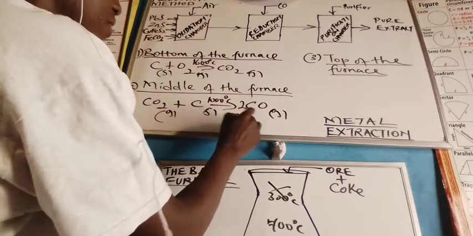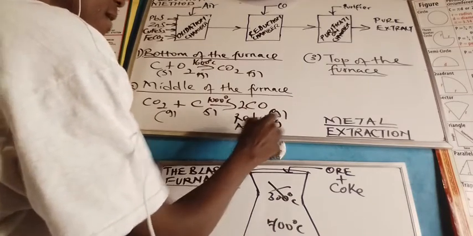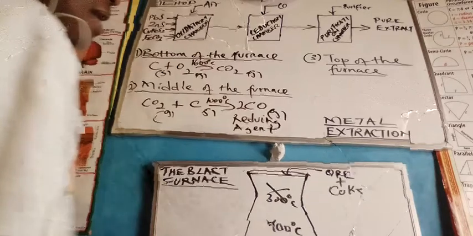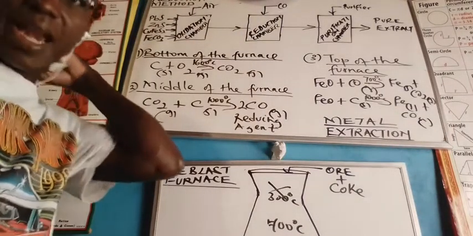So once the reducing agent has been formed, inertia, and that shows that the high temperatures are above the melting point of the metal.